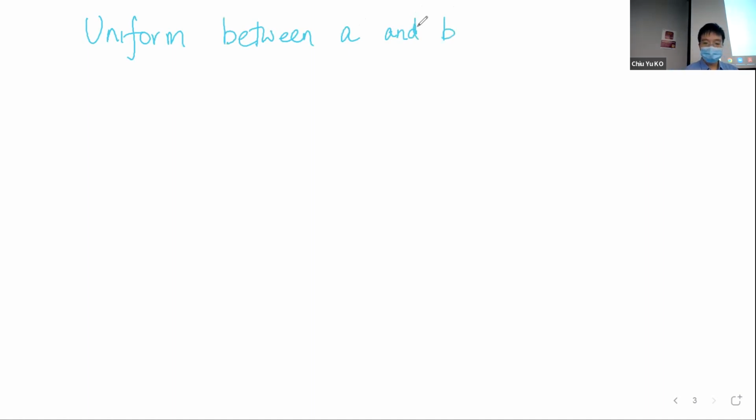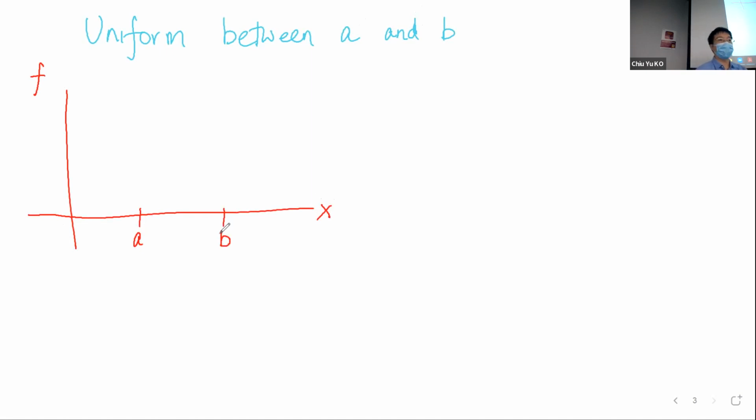So it means that between A and B it is equally likely. What would you expect from the f for this? The f is between A and B, and A and B is here. Uniform means that every point is the same, so the f should be a flat one, because no point is higher than another. The heights should be equal.